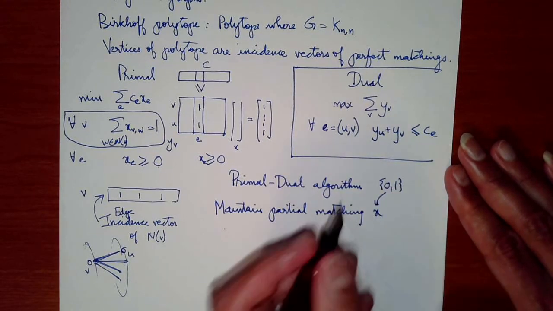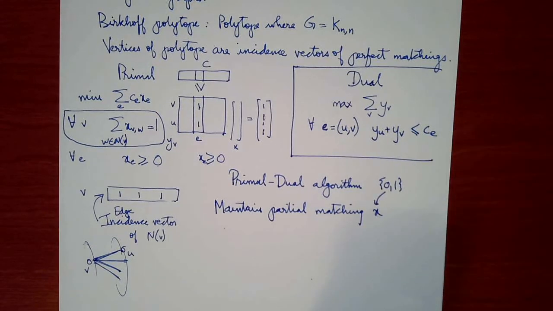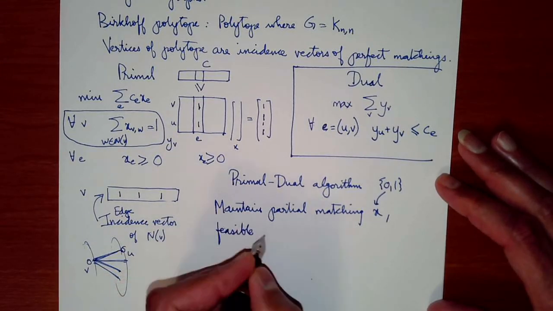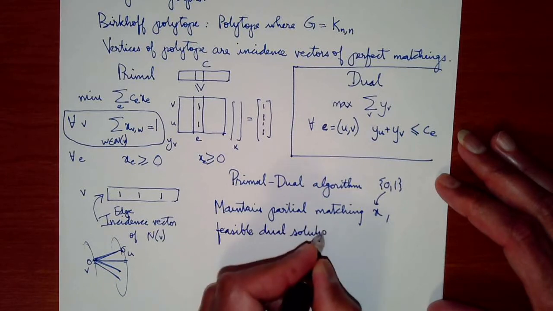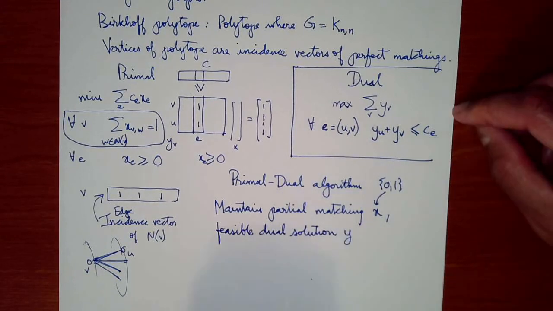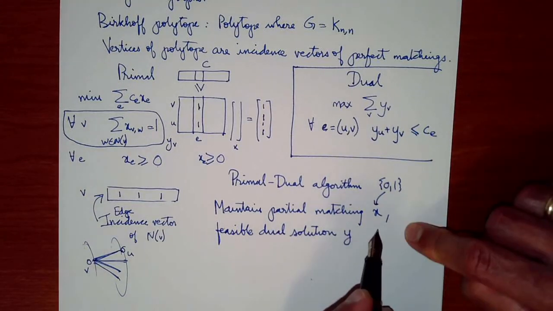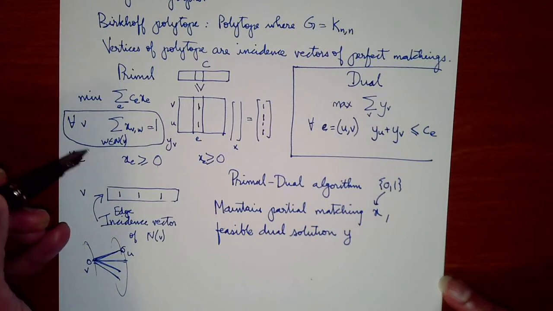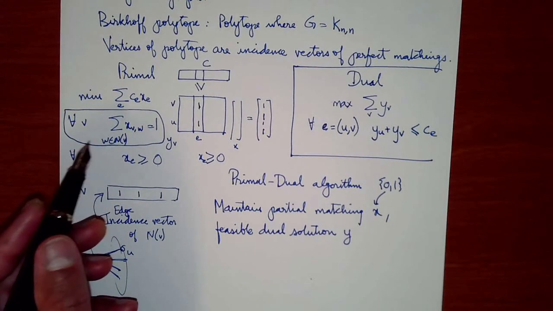It's the incidence vector of a partial matching. We maintain a feasible dual solution y. So we'll maintain some y which always satisfies these properties. Remember, the primal solution is not satisfying all of these properties. Indeed, it is actually going to fail some of these constraints. So we maintain a partial matching.